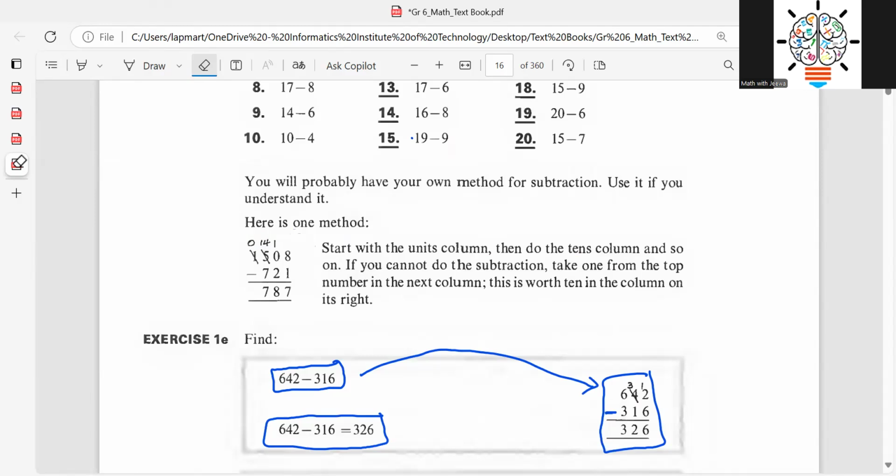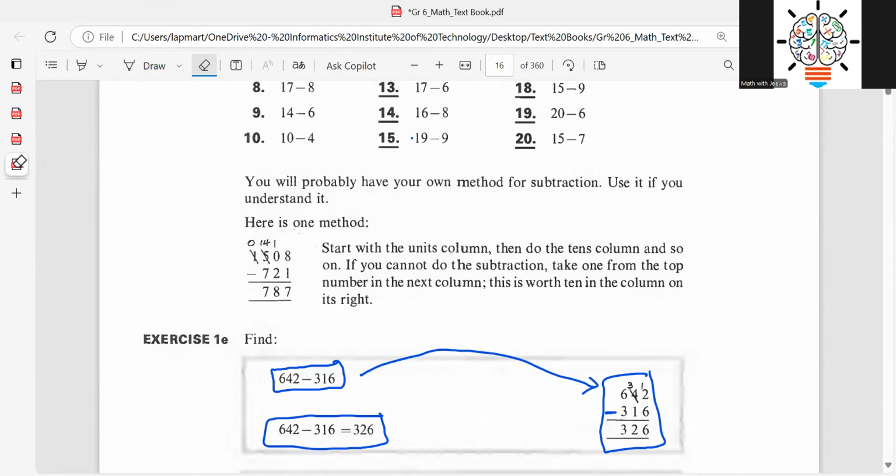You want to borrow 1 from the next door. That becomes 10. 10 minus 2, 8. The next door, now you don't have 5 because already you have borrowed something. Now you have only 4. From 4, you can't subtract 7, therefore you want to borrow from the next door. Now that becomes 14. From 14, when you deduct 7, it gives you 7.